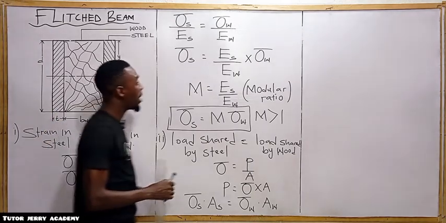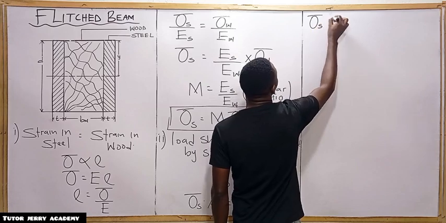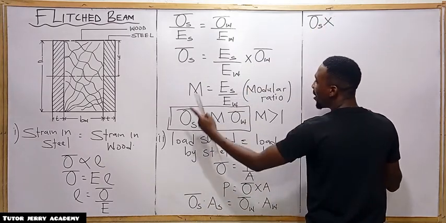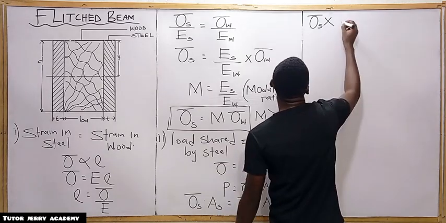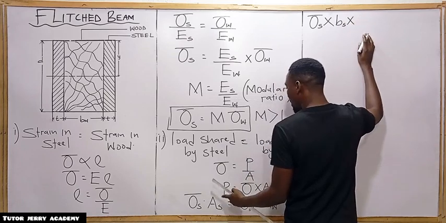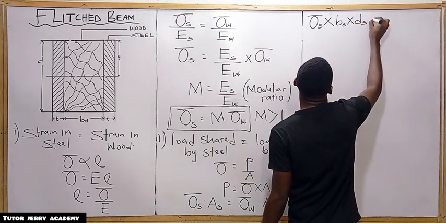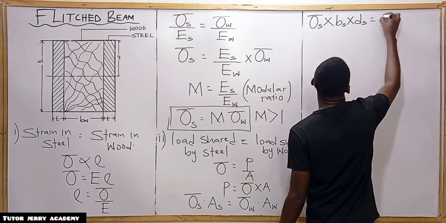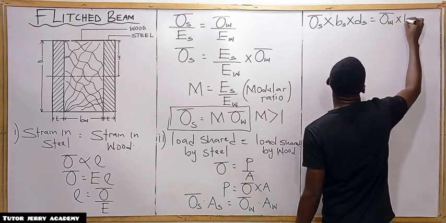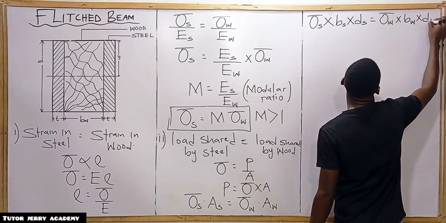So here we are going to have the stress of the steel multiplied by, now we are replacing our area, the area of the steel now is going to be the base of the steel multiplied by the depth of the steel, which is going to be equal to the stress of the wood multiplied by the base of the wood, then multiplied by the depth of the wood.